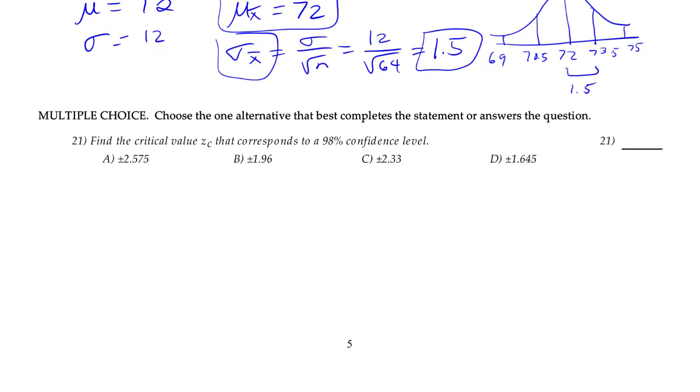All right, critical value z c that corresponds to a 98% confidence level. So again, we're talking about a 98% confidence level. We can think of this as 98% inside.